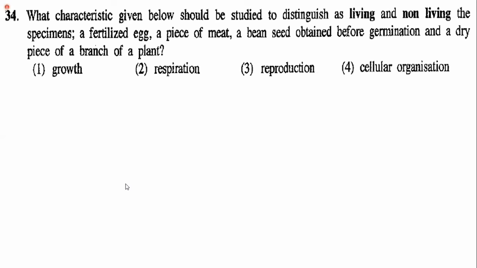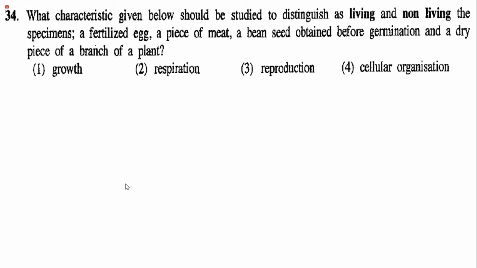What characteristic given below should be studied to distinguish the specimens as living and non-living? The question asks what things you can observe in the following specimens regarding living and non-living.